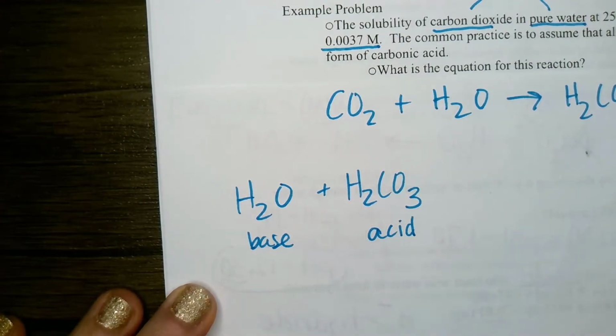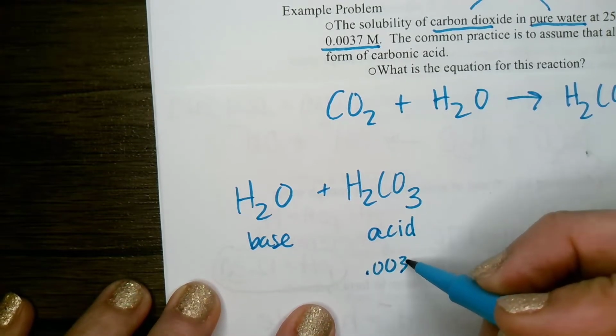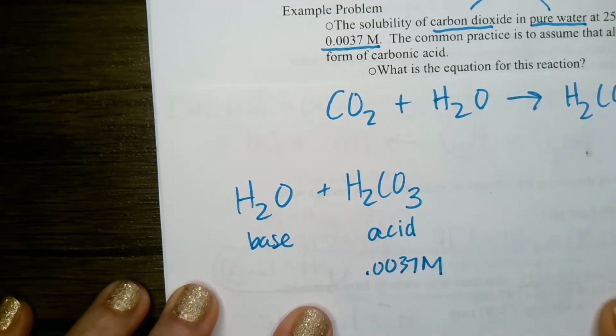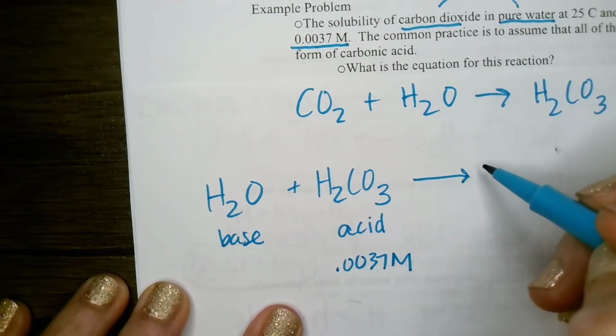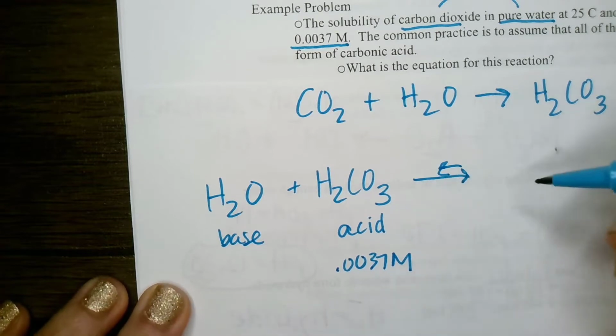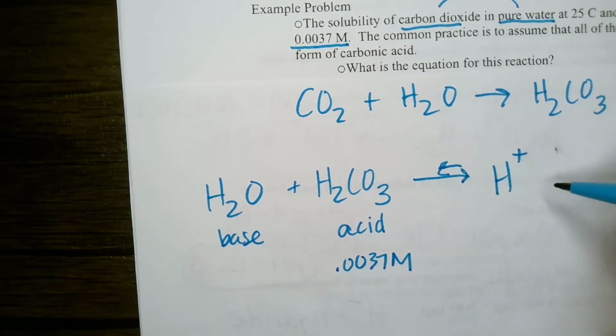And we know 0.0037 molar of this acid. And so we're going to dissociate into our H plus, our conjugate acid.